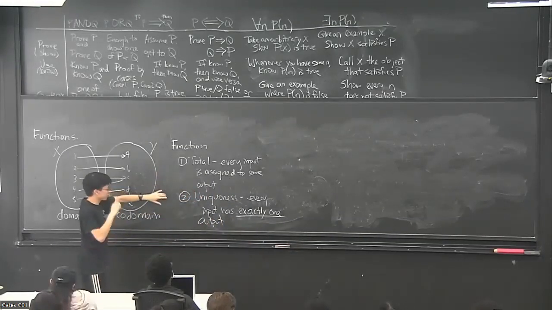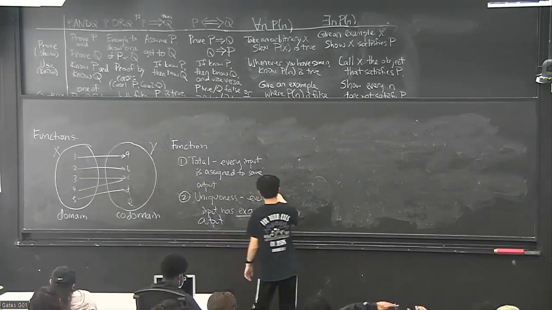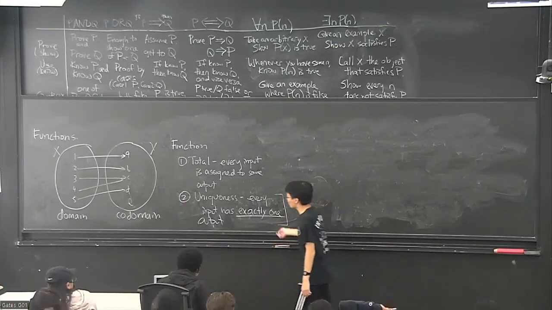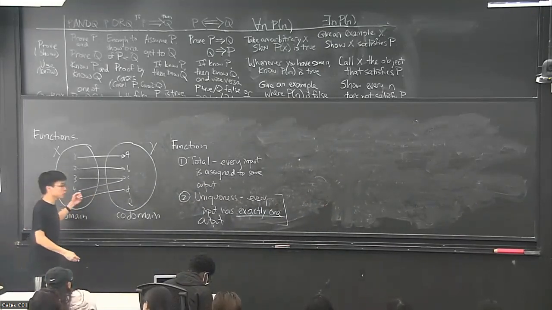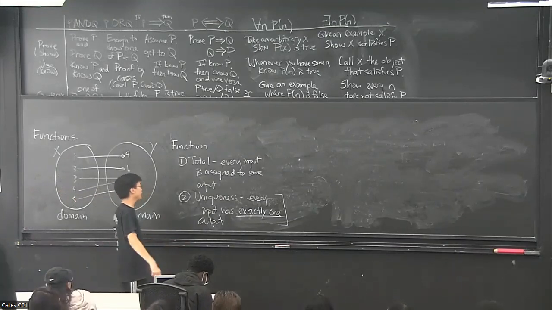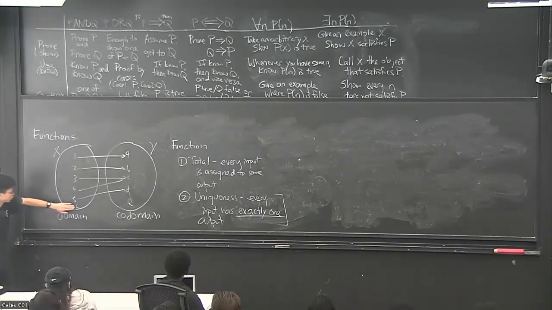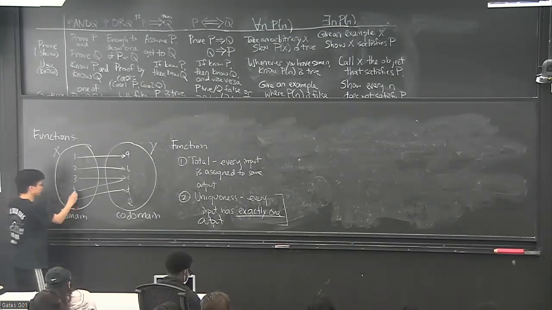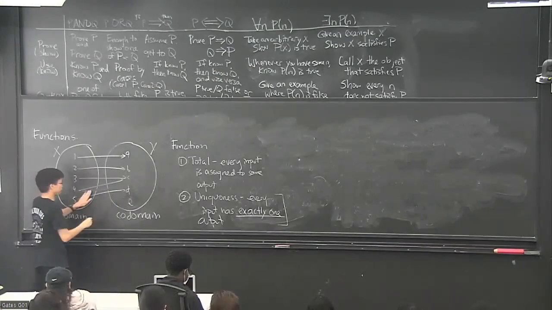The main criteria is all summarized right here. Every single input has to have exactly one output. In other words, you cannot leave out something. This is not a function. It's not total. Nor can you have some element have two outputs. That's not allowed. That violates uniqueness.